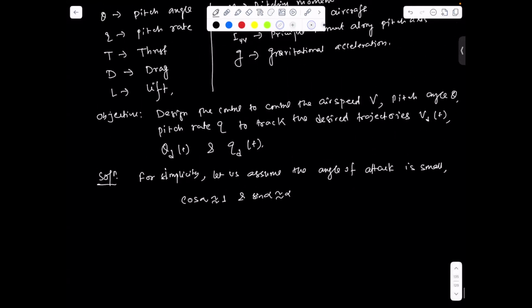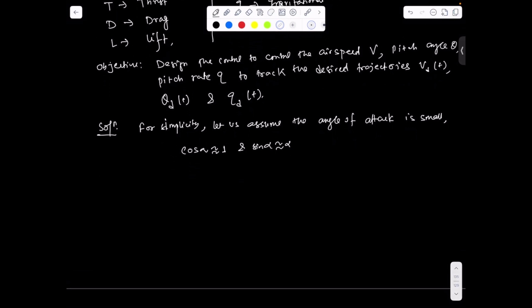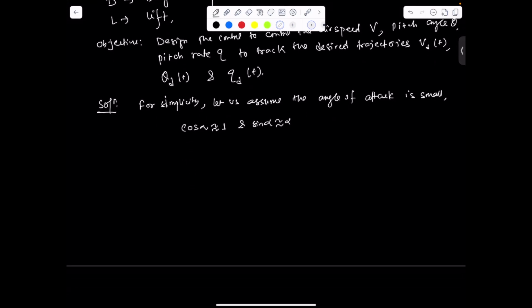So here the pitching moment is also a function of the variables in the system. This we have covered in our classical controls, the first course, aircraft control system. There we discussed all these moment and force equations.